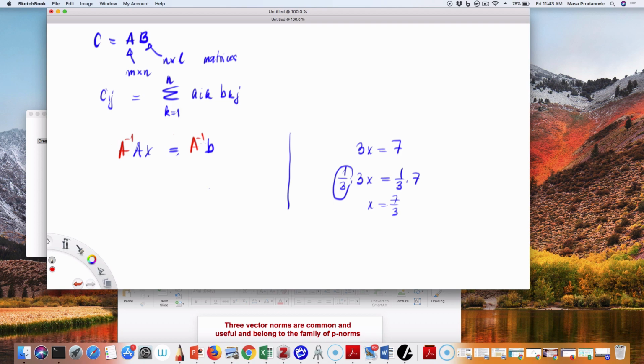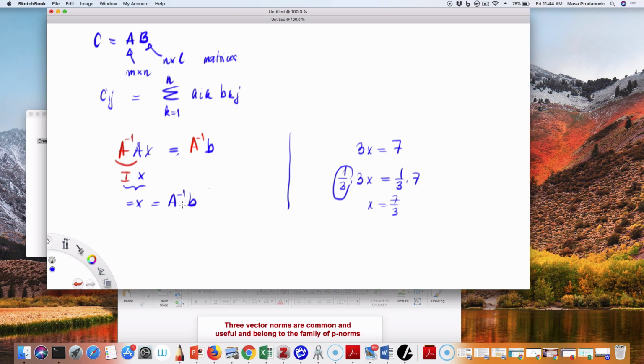It's not the same thing. So then if this is the identity matrix, that's right here, then the identity matrix times x is the same as x. Identity doesn't do anything to anybody. So my x is simply A inverse B.